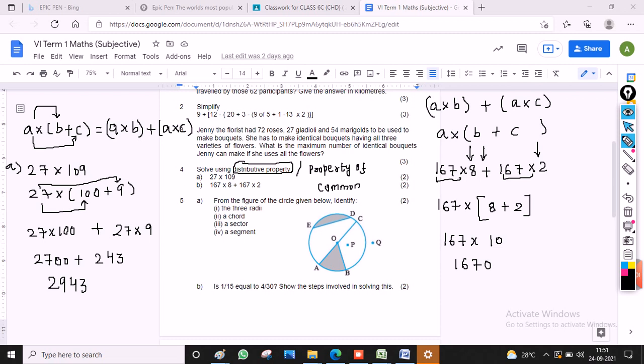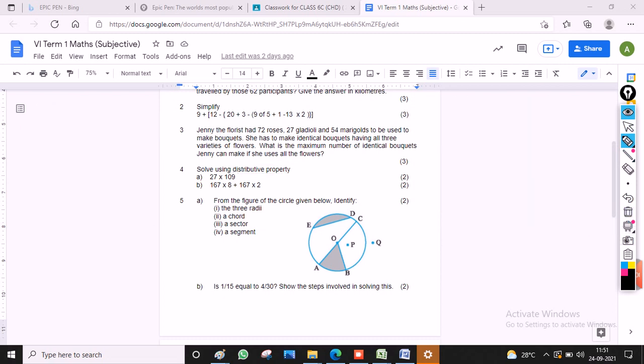Moving ahead to question number 5. From this figure, we have to tell what is the name of three radii that we can see. So names of three radii are OA, OB and OC.